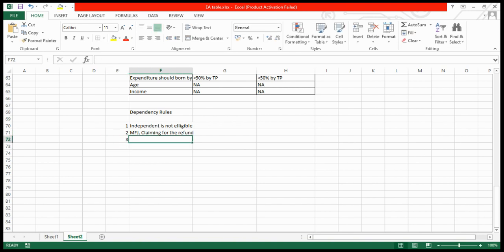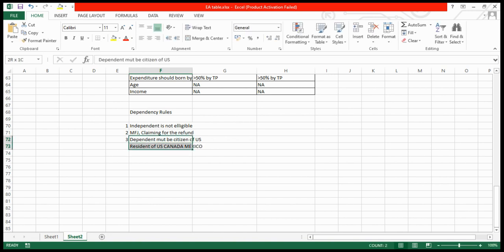Third condition, the dependent must be a citizen of the US, or else they can be a resident of the US, Canada, or Mexico.